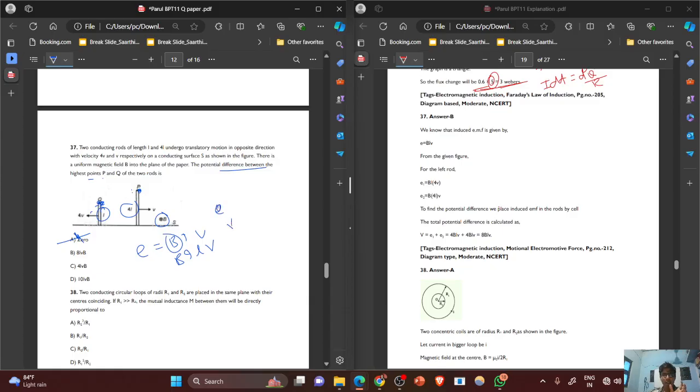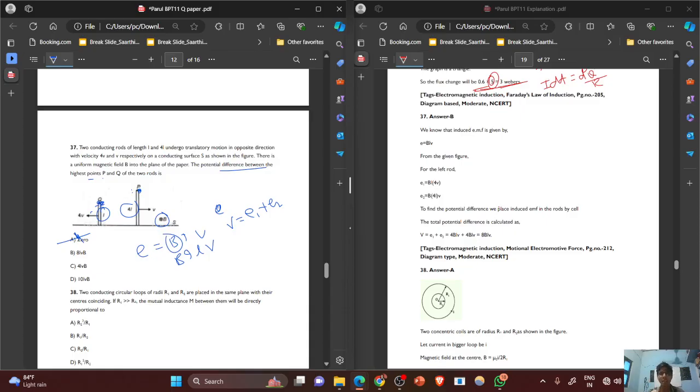The total potential difference is simply the sum of both the potentials. If something is moving in a magnetic field, how can there be no potential difference? So the potential difference is added here because it is asking for the total potential difference between the highest points.